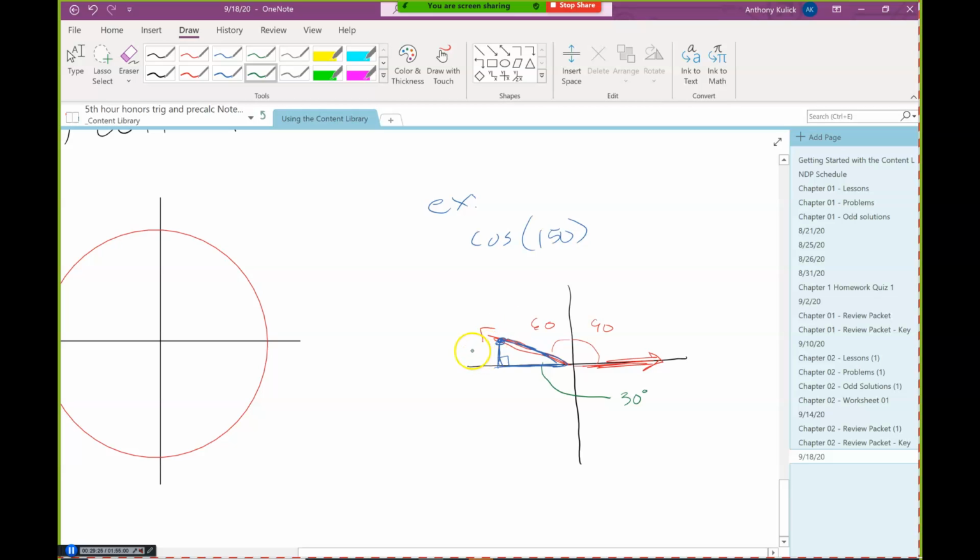So using my definition for a 30-60-90 triangle, that side is x. This side is negative x root 3. Again, we're in the second quadrant, so the x-coordinate is negative. And then the hypotenuse is 2x. Everybody okay there? Elizabeth.